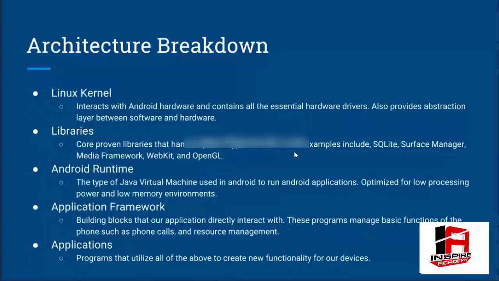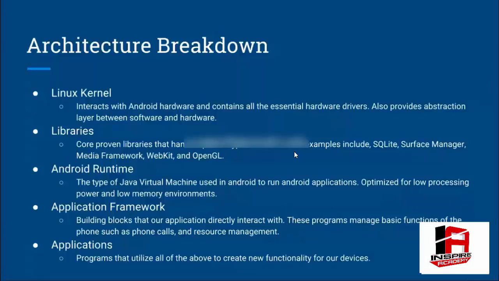Say we want to make an application that deals with managing phone calls. Well, we grab the package for phone management that Android includes. Or maybe we want to interact with the location of an Android device. We go ahead and grab the location package. Great. So that's what our application framework is. It's essentially these little bundled packages that deal with specific portions of our device.